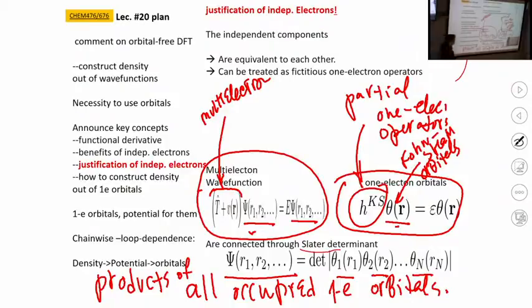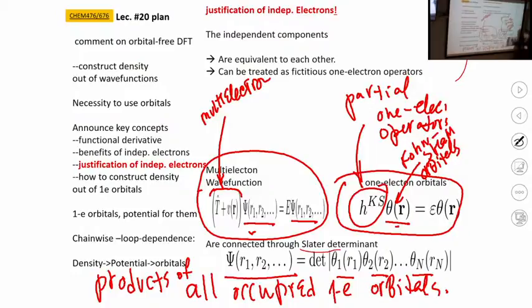So we are performing a conversion from a multi-electron wave function, right? Kinetic energy, external potential, multi-electron wave function, to Schrödinger equations for one-electron orbitals that originate from the idea of separating variables.